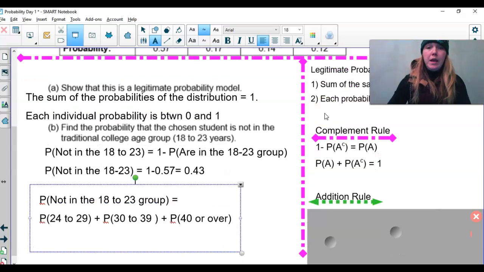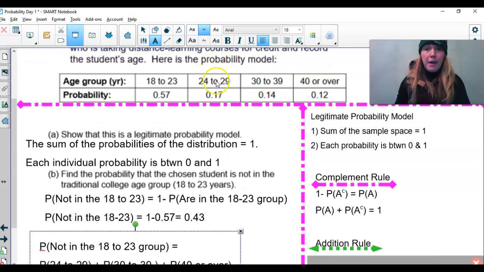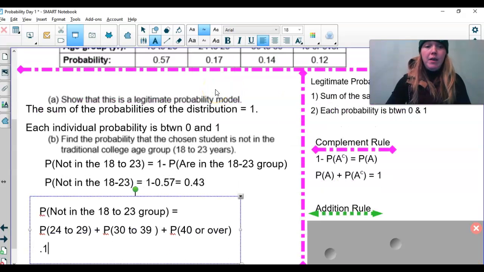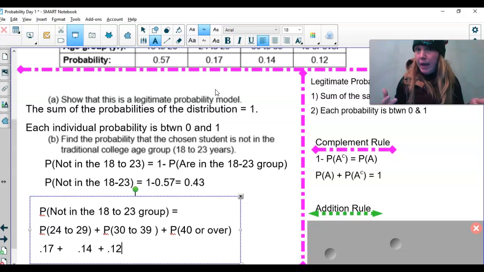So we would take the probability of 24 to 29, which is 0.17, plus 0.14 plus 0.12. Now this addition rule gets a little more complicated, okay?